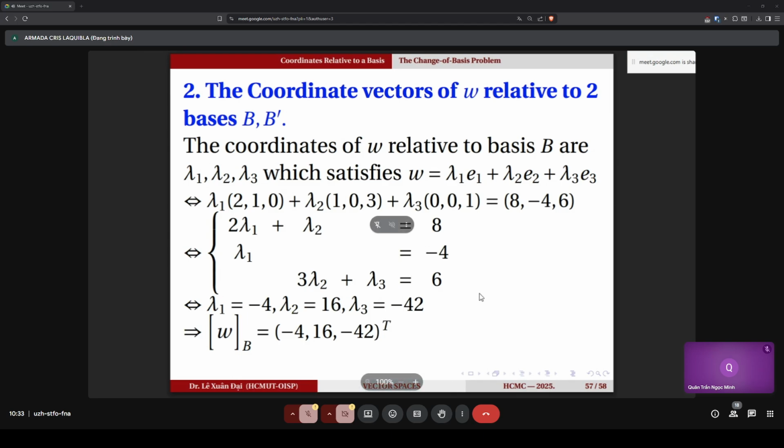Now, how to get the coordinate vector W with respect to your B prime? You use E1 prime, E2 prime, E3 prime, correct? And it's equal to your W again. And now, class, you can solve for lambda 1, lambda 2, lambda 3 again. But there's another formula that we can use.